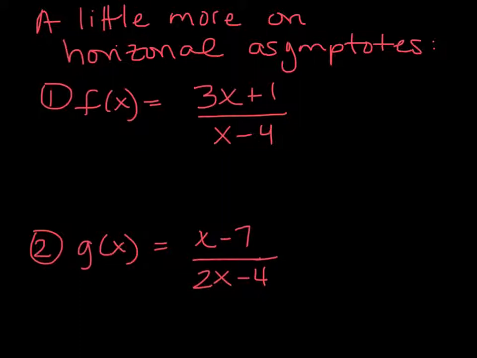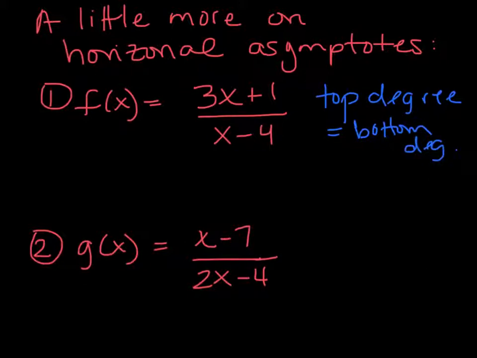Okay, and for all the ones in this book, this holds true if the top degree equals the bottom degree. Let me describe what I mean there. The top function here, 3x plus 1, is a degree 1. This is a first degree because x is to the first.